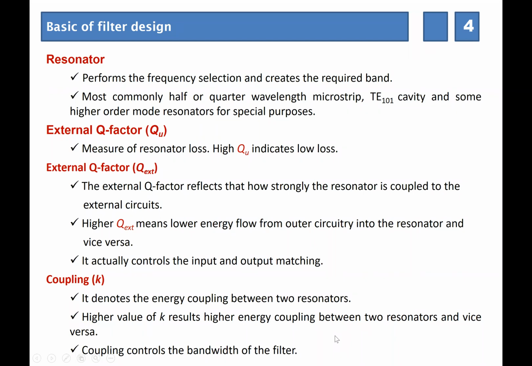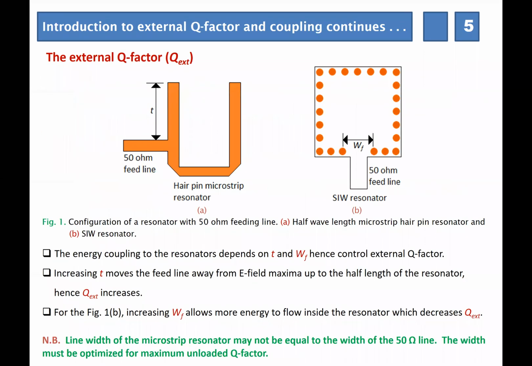Next is coupling. Coupling means the energy is getting coupled between two resonators, that is commonly denoted by K, or in some books or papers you can find M. Now the question is how we will determine these parameters. So first we will proceed with the external quality factor, Q external. How can we extract this with a full wave simulator?